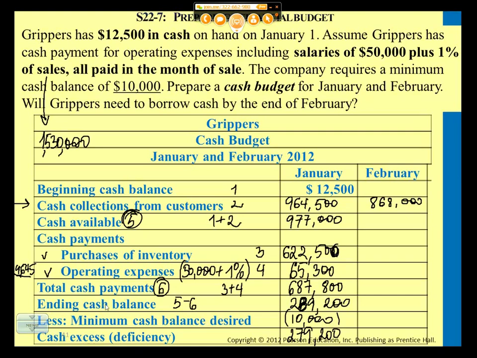We're just going to disregard this minimum cash balance right now, and we'll move our ending cash balance of $289,200 right here. Okay. So what is my cash available? $1,157?